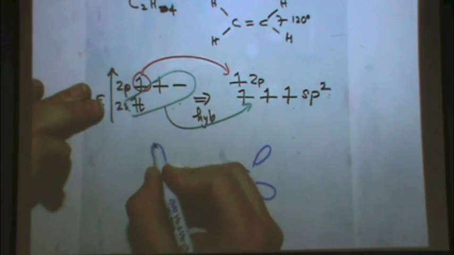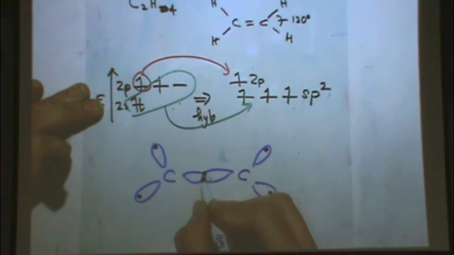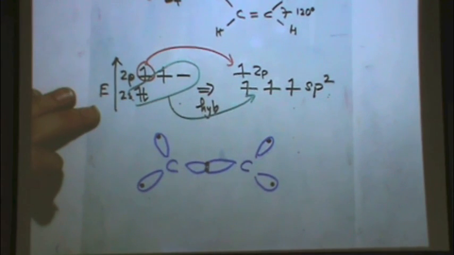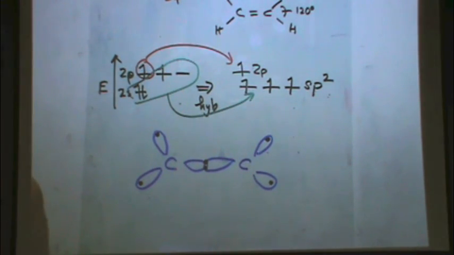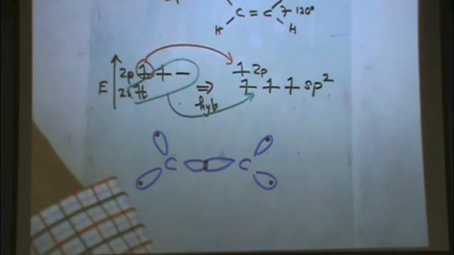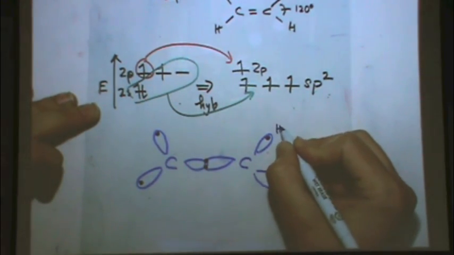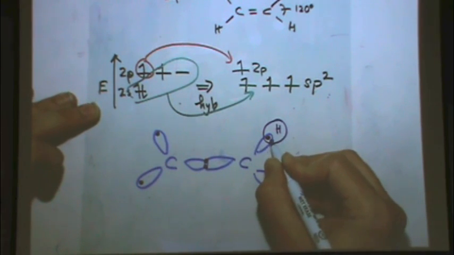Okay. Each one of these has 1 electron, 2 here, because each brings 1. Okay, the H's are what orbital? Let's draw the H's. H's are 1s1. That's the circle. They bring an electron.